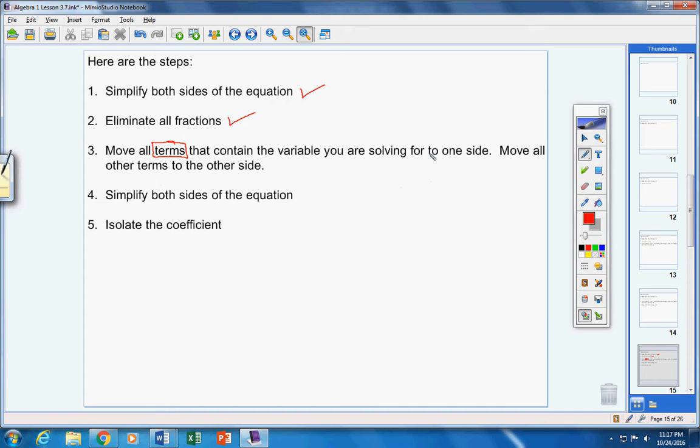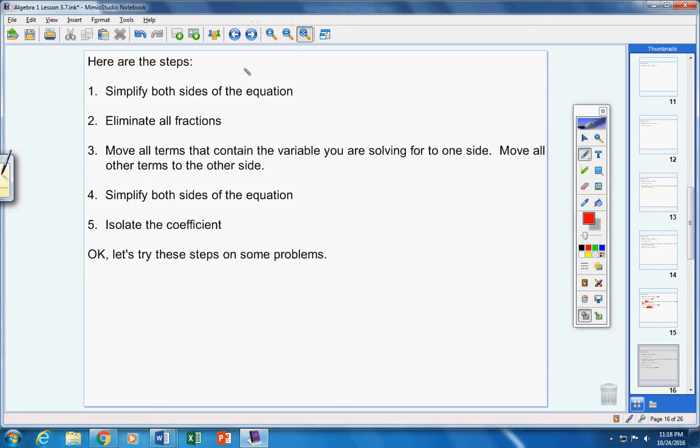So move all of those terms to one side. Move all other terms to the other side. Simplify both sides of the equation. Again, isolate the variable. That is incorrect, and I apologize. Isolate the variable. Okay? Now, I'm going to move on, so you'll probably want to pause the video now, copy these down, then restart the video.